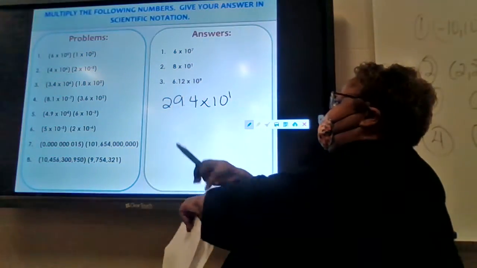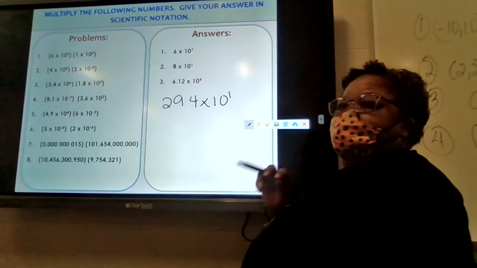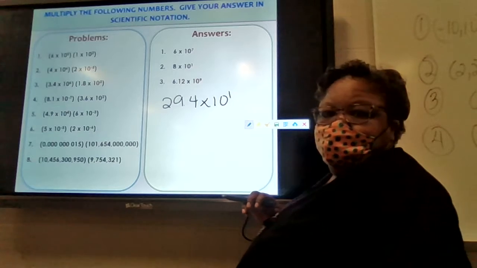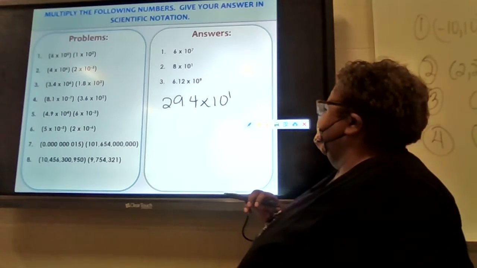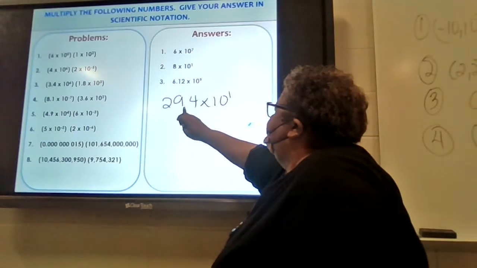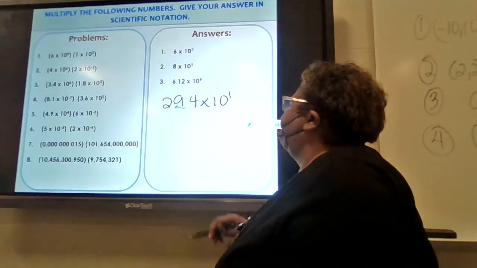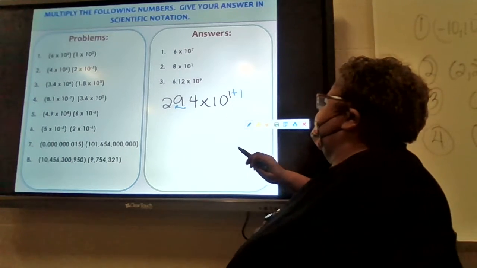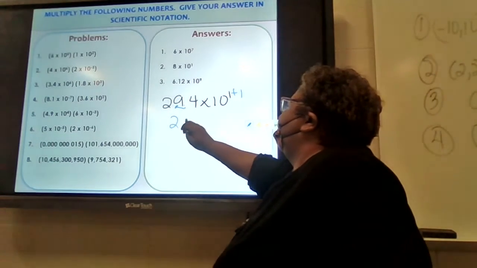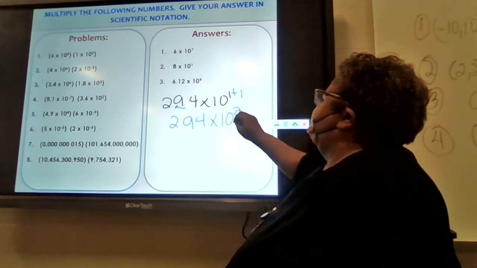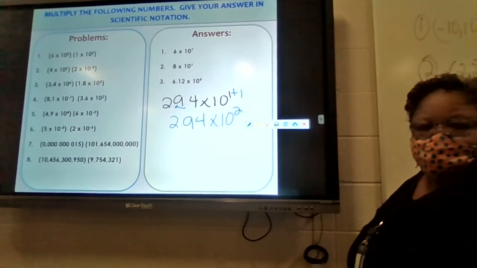So this is not scientific notation. So I need a number between 1 and 10. So which way am I going to move my decimal? Left. Okay, so move it left 1. So I have to add 1 here. So I have 2.94 times 10 squared.